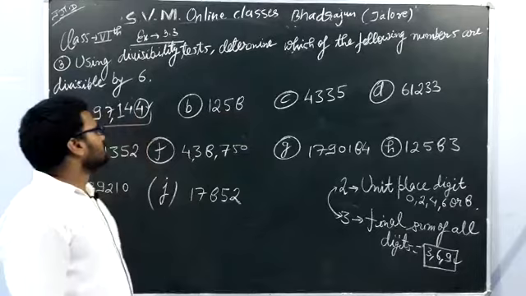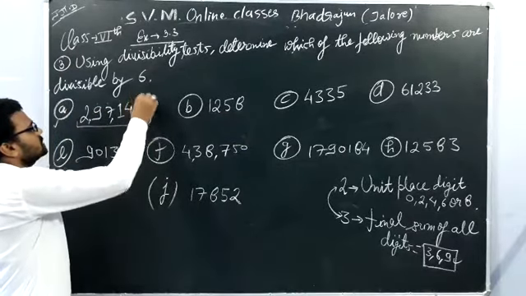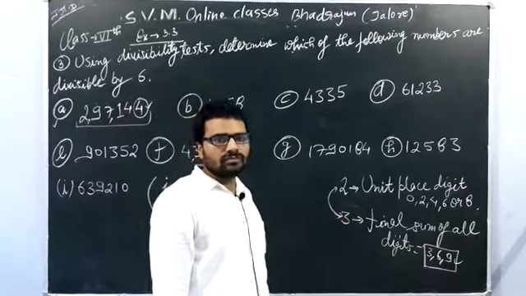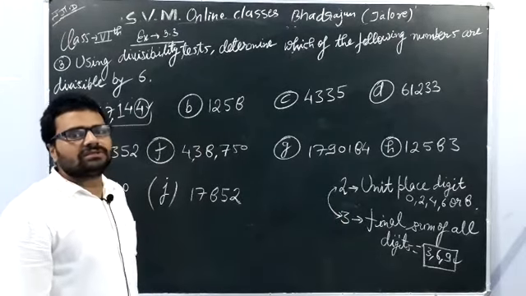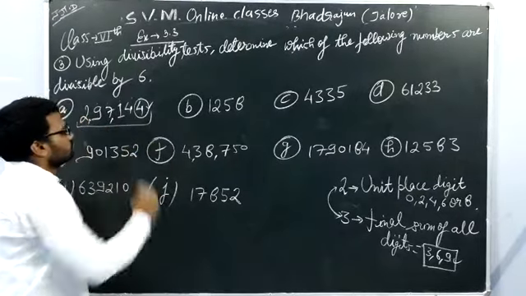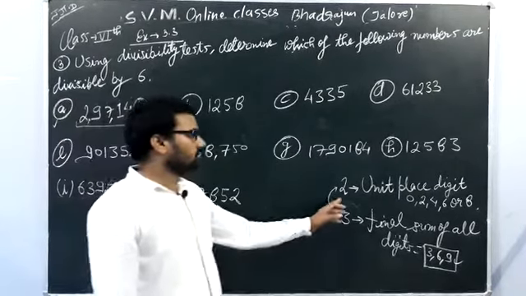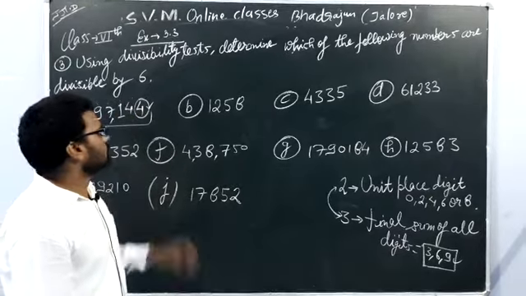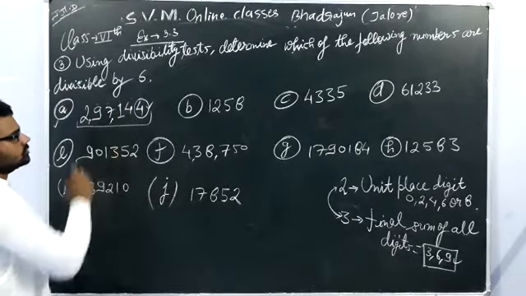Hence we will say this number is divisible by 2, because the number has unit place digit as 4.